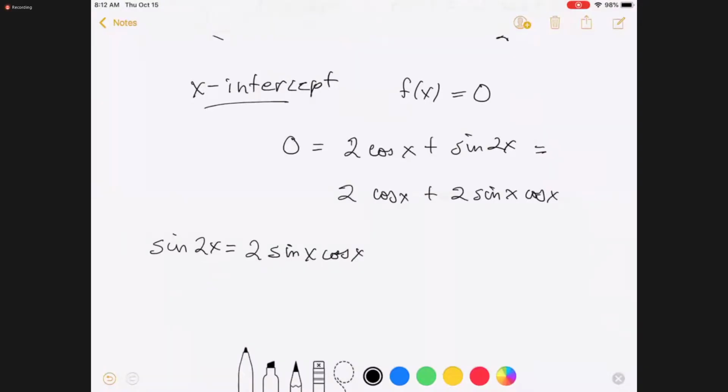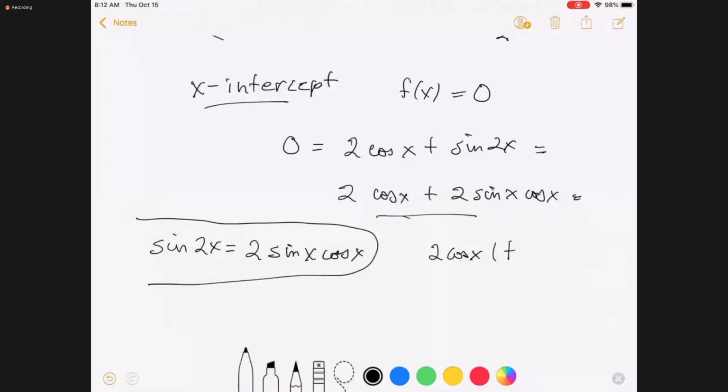I can factor out 2 cosine x from this expression, and that gives me 2 cosine x times 1 plus the sine of x.